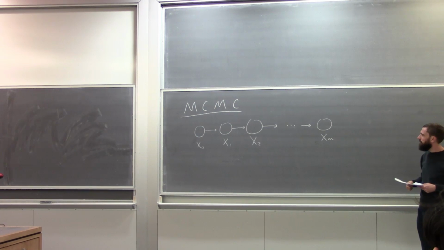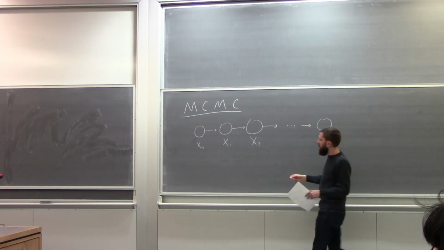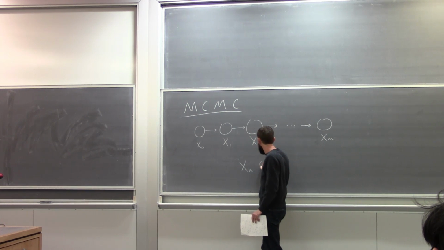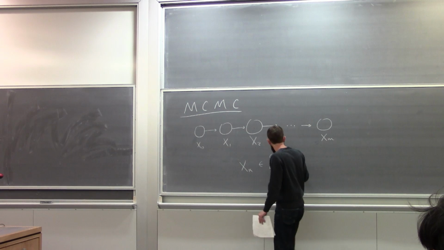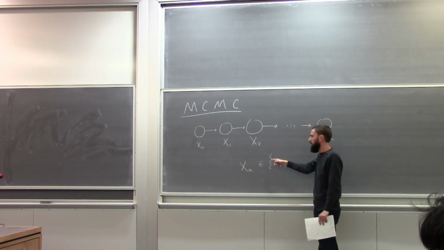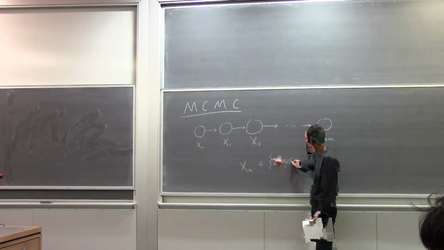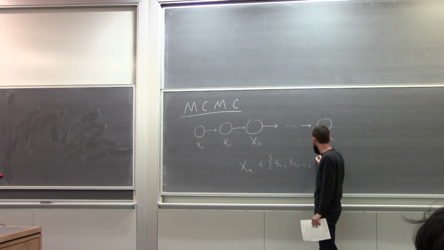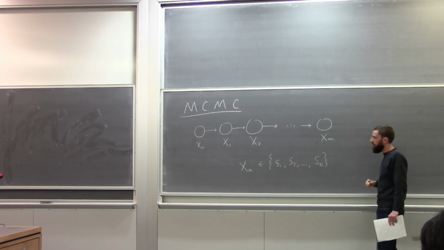So then we were starting with discrete, and so in the discrete case, we have some set of states that this can take values in. The space is some kind of discrete states, S1, S2, out to whatever. So there's some number of states.